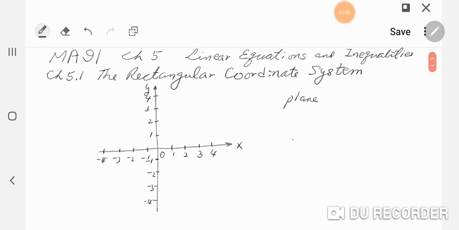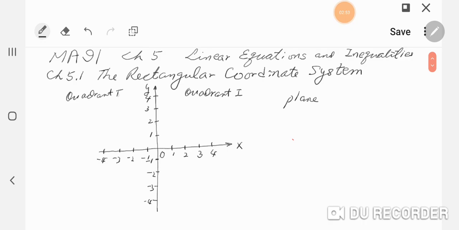Actually the plane is separated into 4 parts. We call it a quadrant. The upper right corner is called quadrant 1. As you go counterclockwise, the upper left corner is quadrant 2.